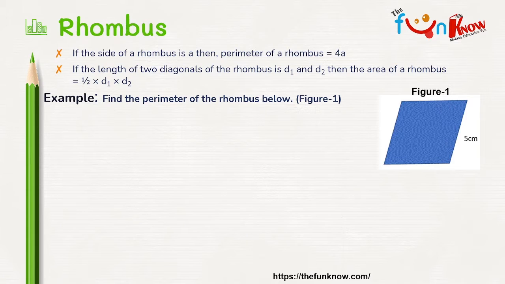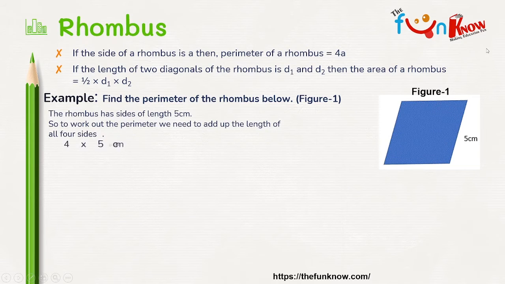So here A means a side, right? One side of the rhombus, as you can see in figure 1, is 5 centimeter, and because the rhombus has 4 sides, the perimeter will be 4 into 5, that is 20 centimeter. Let us see the answer.